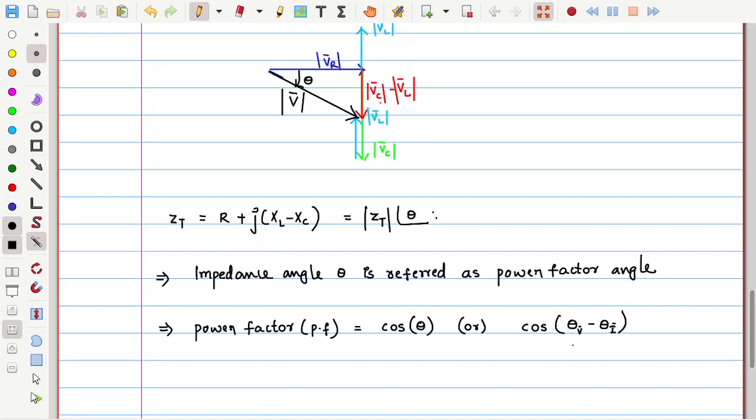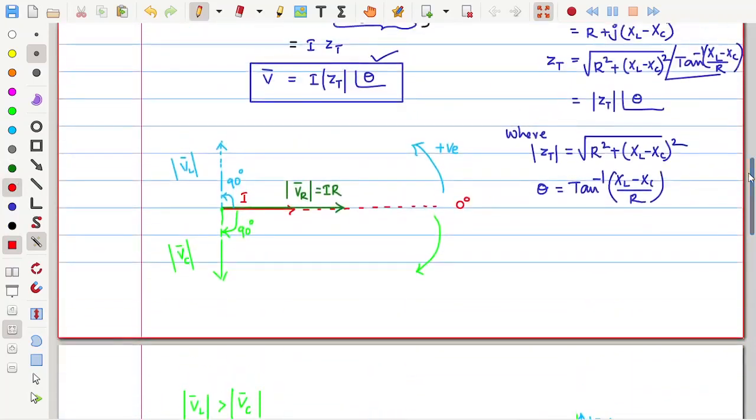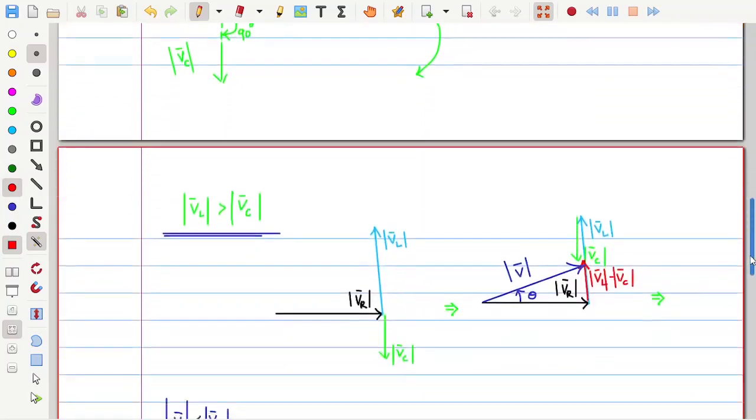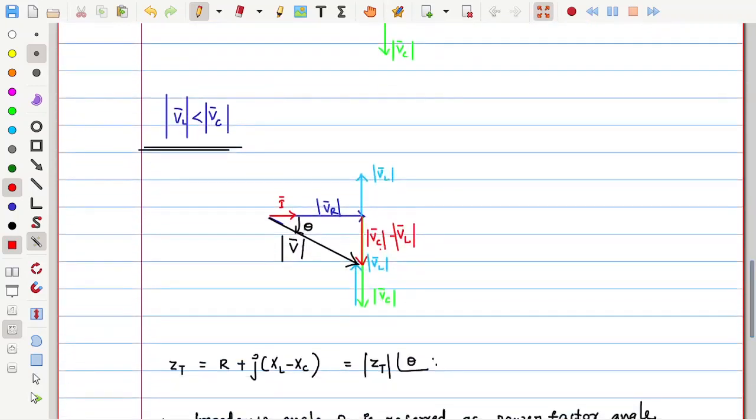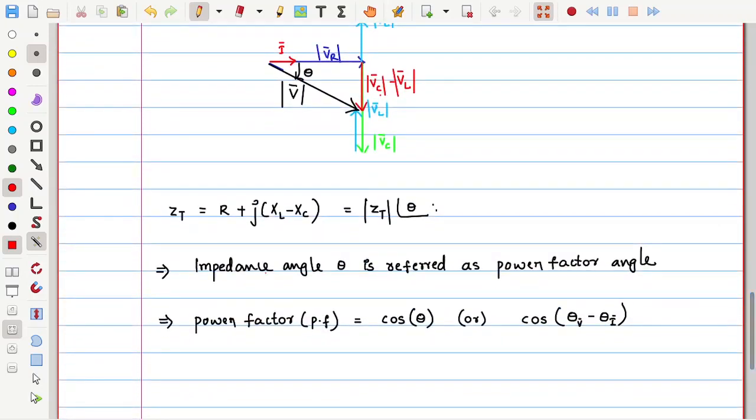That is the power factor. Usually this impedance angle is the angle between voltage and current. You can see this, the current is here somewhere, as in the first diagram. Let me show this. See here, here is the current. The voltage across the resistor and the current are both the same. So I can say the angle between current and voltage is theta. So indirectly we can say the power factor angle is the angle difference between voltage and current.